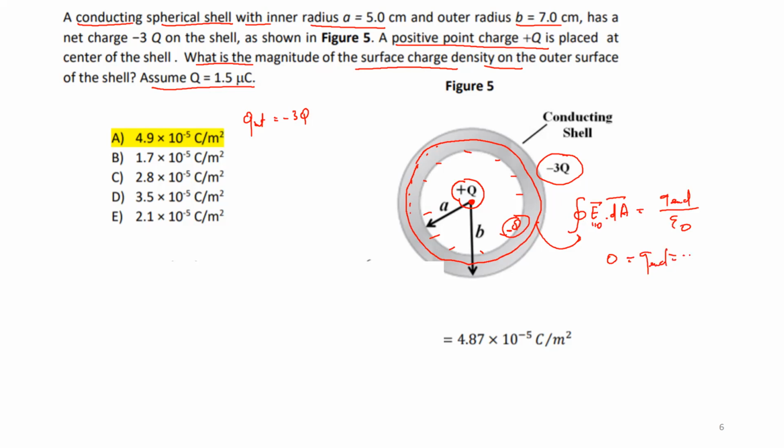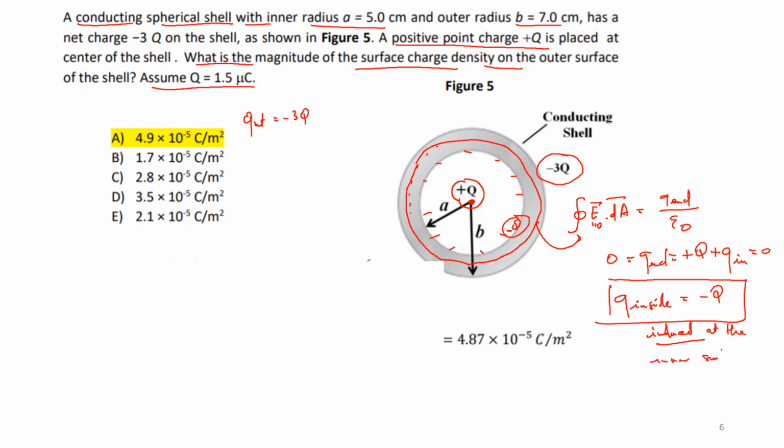Now the charge enclosed will be plus Q inside, plus Q inside the charge on the inner surface of my conducting spherical shell, and this should be 0. So that means the charge on the inner surface, Q inside, is just minus Q, as we said before. This is the induced net charge at the inner surface.